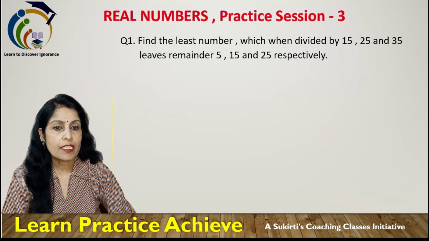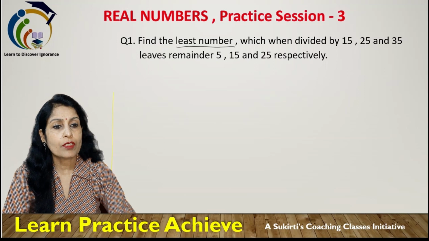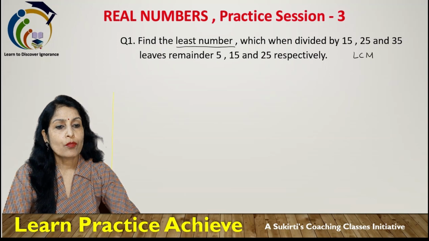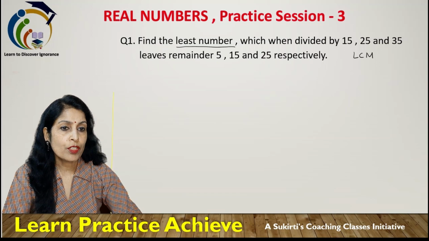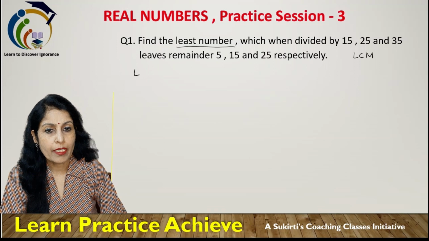So find the least number. From the question itself we will know that least number means we have to find the LCM. First find out what are the numbers for which we have to find the LCM. The number which when divided by 15, 25 and 35, we don't know, so let the number be x.